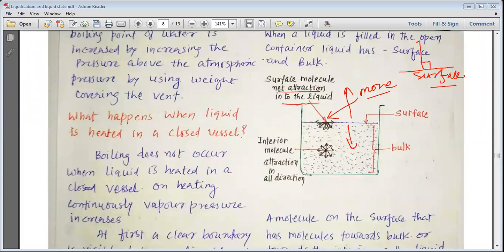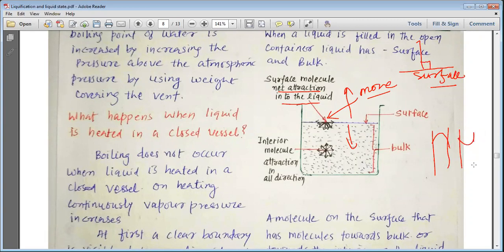You can see the meniscus of the liquid in the various tubes. The meniscus can be concave or convex. This concave or convex meniscus is formed due to the surface tension.